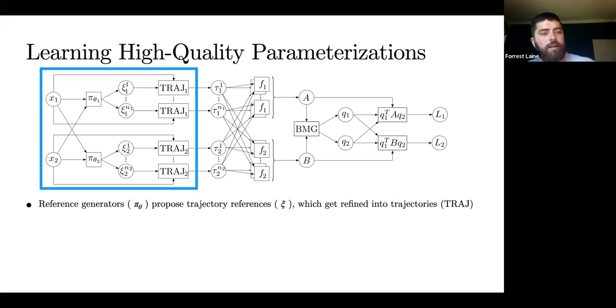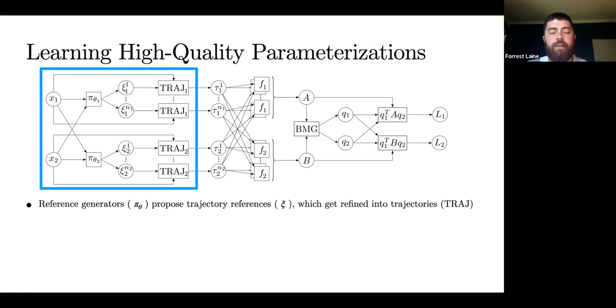So if we have two players, x1 and x2, representing the positions of the two players in a game, then we have two reference generators, pi theta 1 and pi theta 2. These are functions that are predicting where we think good goal positions are going to be, not only for player 1, which we can think of as ourselves, but also what we think are the good goal locations for player 2, which is our opponent in this case.